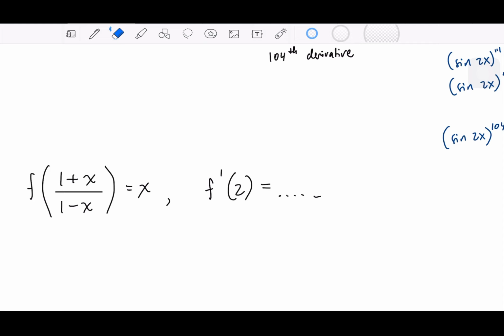So first, for obvious reason, you need to find the function itself, the f of x. That's the one that you need to find. Remember that this is not okay, this is inside the functions.